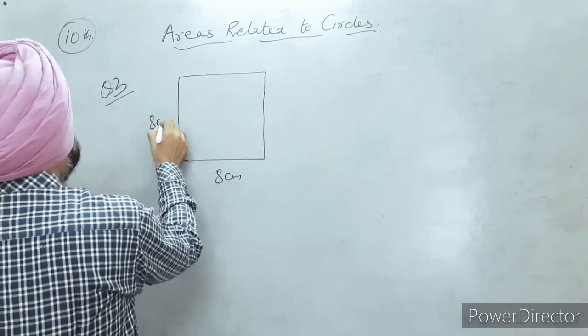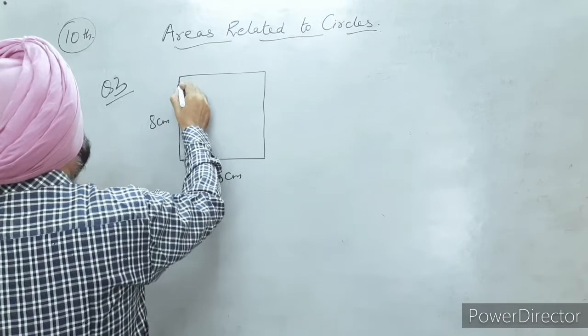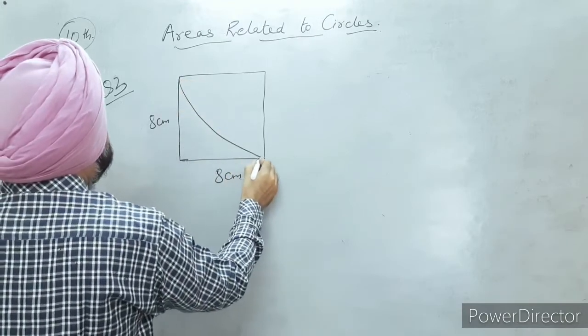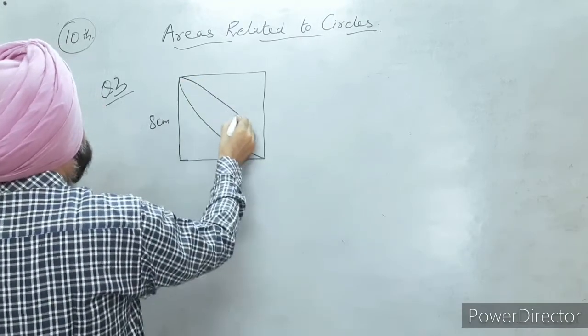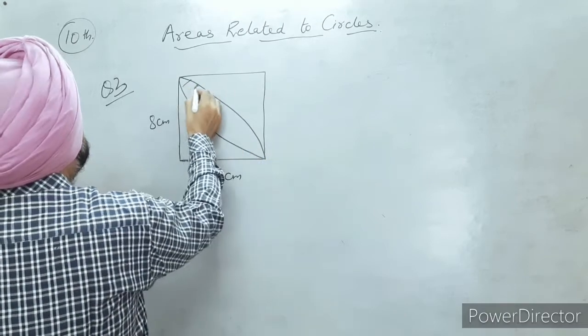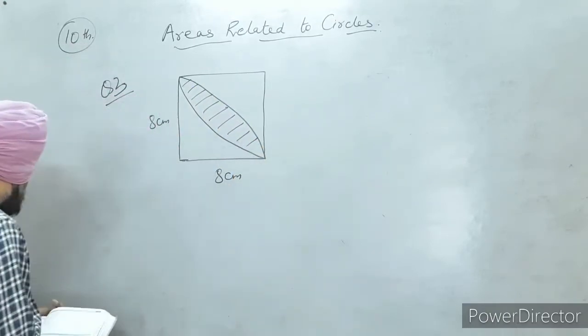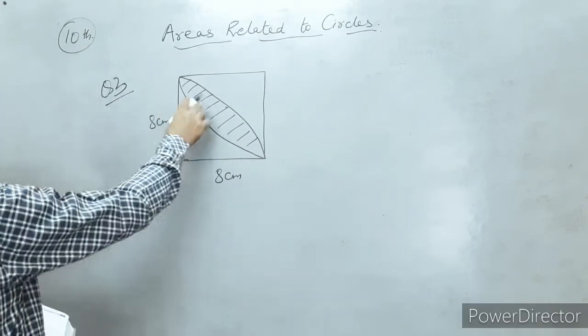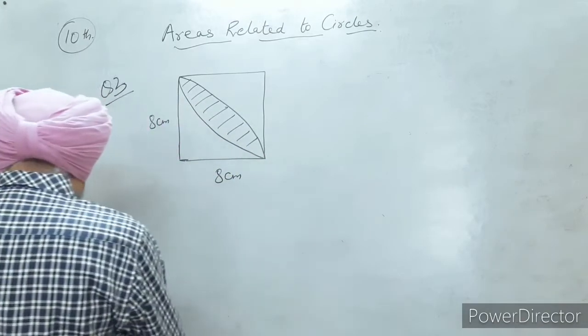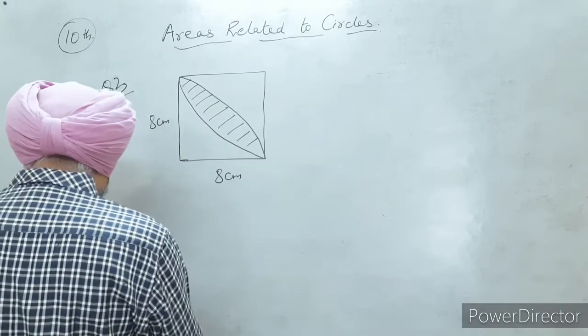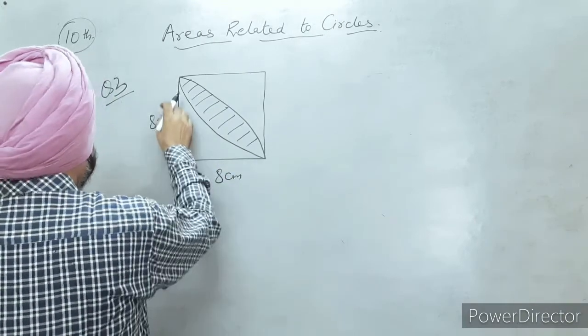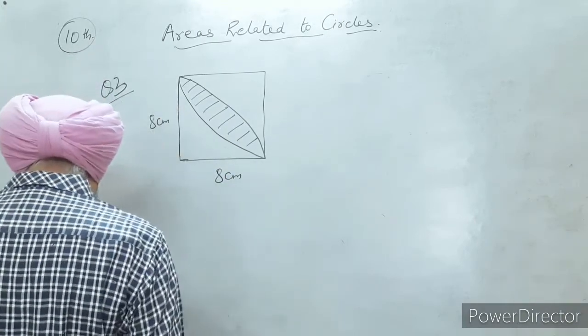Now I have to find the area of this region. Calculate the area of the shaded portion common between the two quadrants of a circle of radius 8 centimeter. Right?